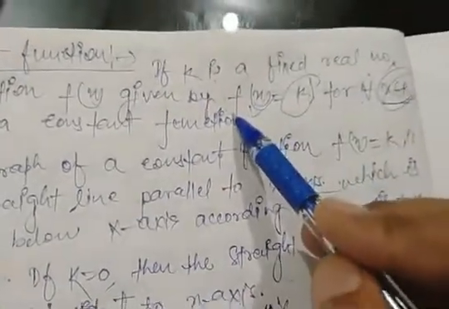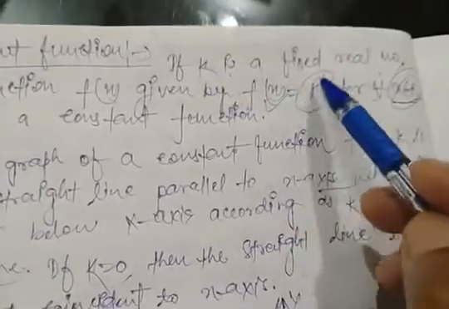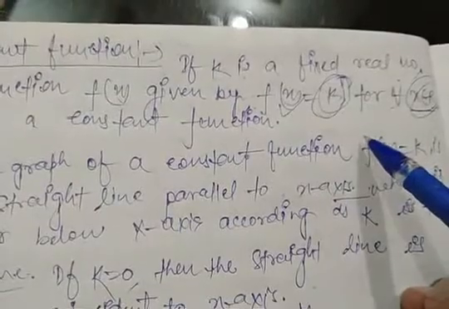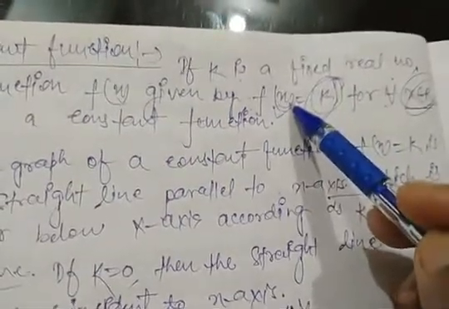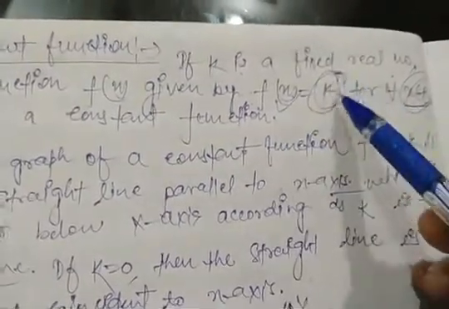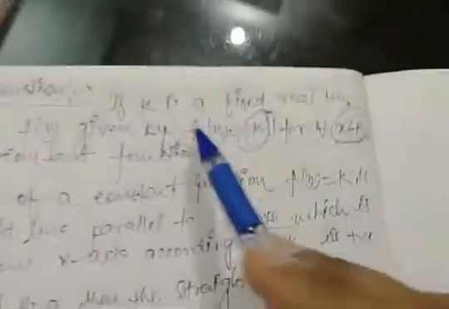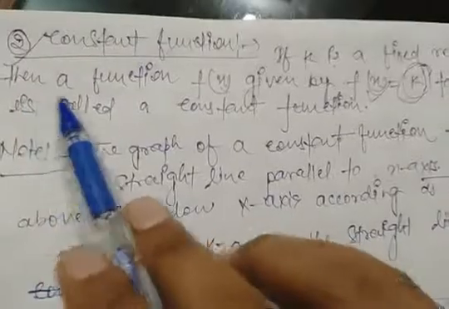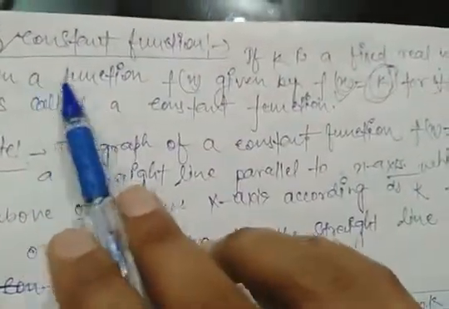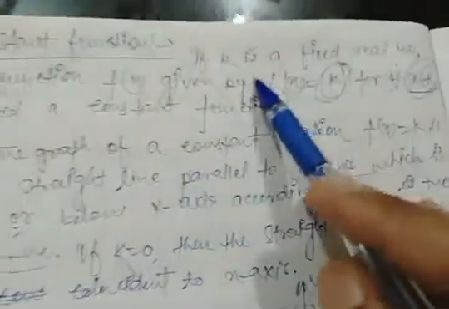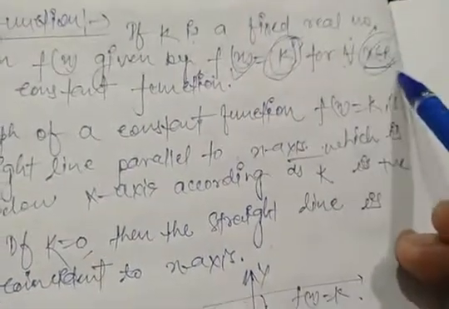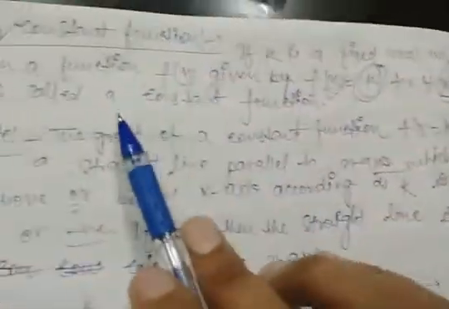For any value of x we find the result as a constant value k along the y-axis. On the graph paper, x is taken along the x-axis and y along the y-axis. So if k is a fixed real number, then a function f(x) = k for all x belonging to the real numbers is called a constant function.